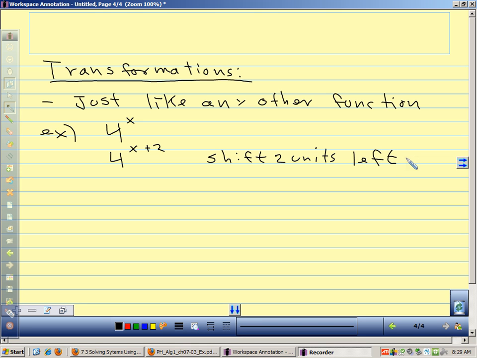Just like parabolas, just like when we did sine functions and cosine functions, when I add or subtract to my x variable, I'm going to shift left or right. So this is going to shift 2 units to the left. For 4 to the x plus 2, minus 3 would be 2 left, down 3.